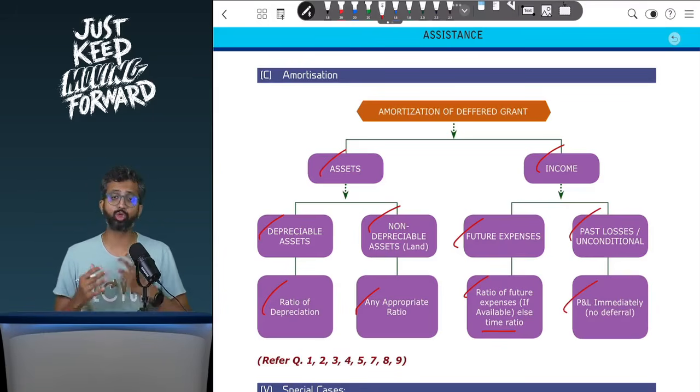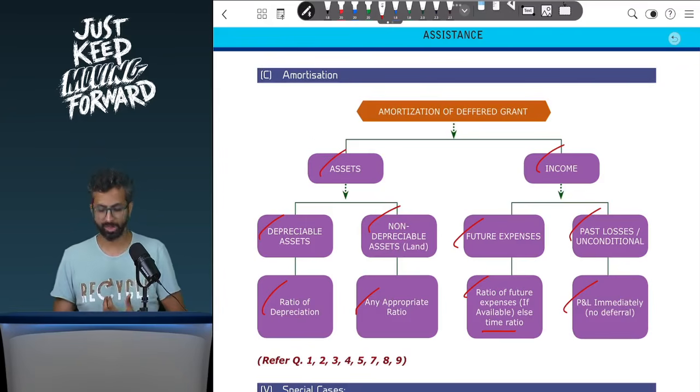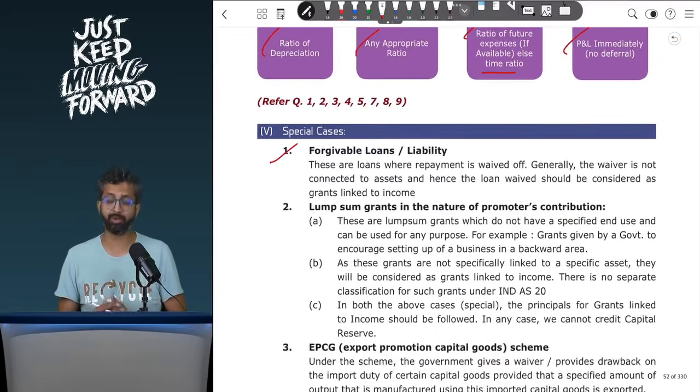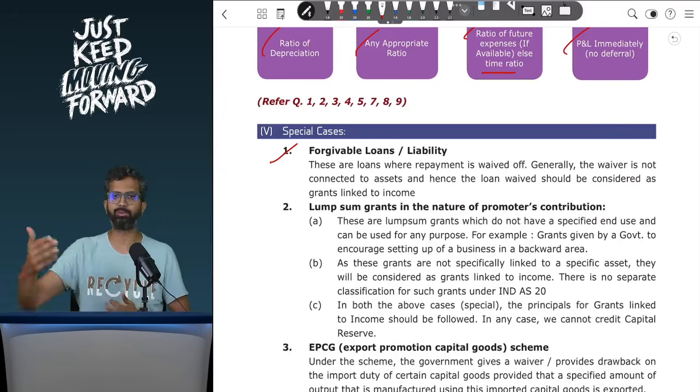Now this pertains to the accounting for grant linked to assets or grant linked to income initially as well as subsequently. A few special cases that can be discussed over here are, first, a forgivable loan, like before elections a lot of times the government gives a farm loan waiver.